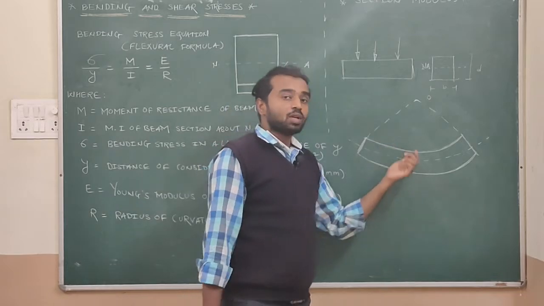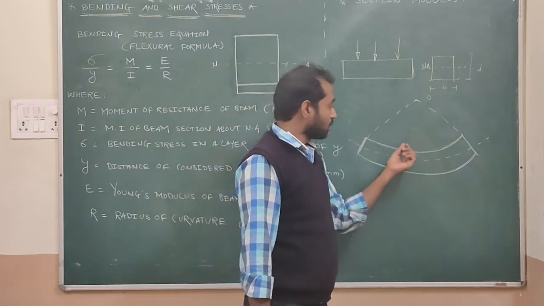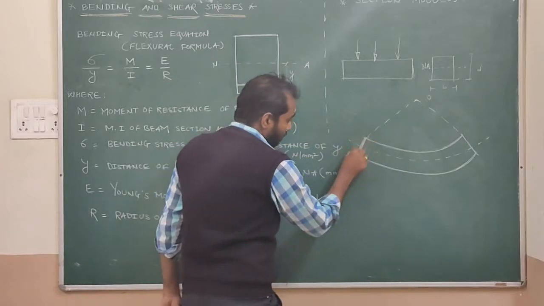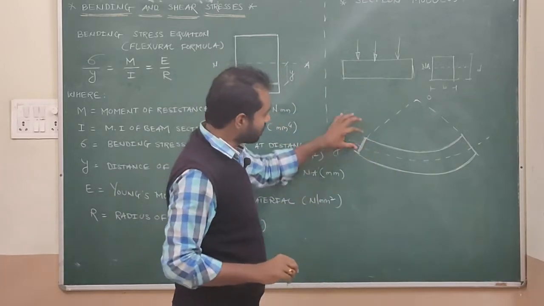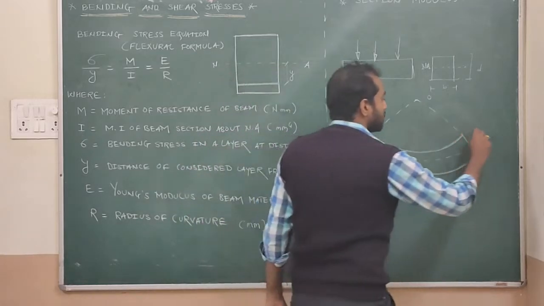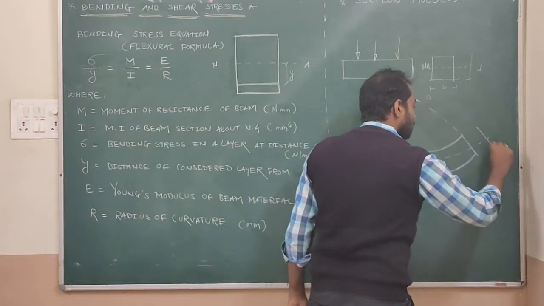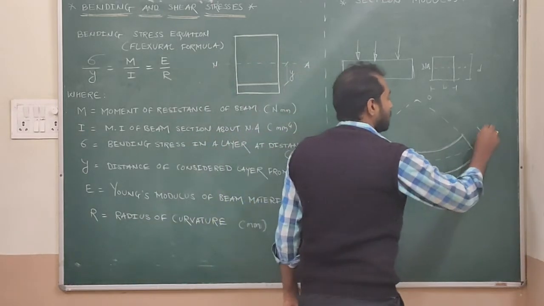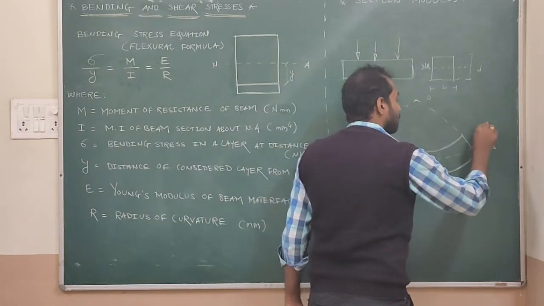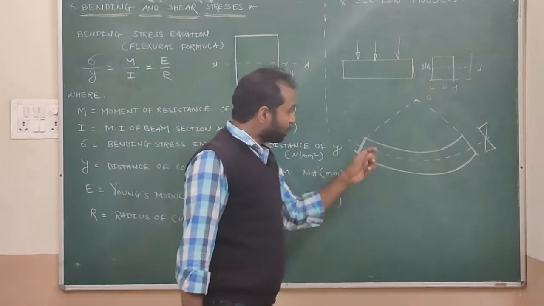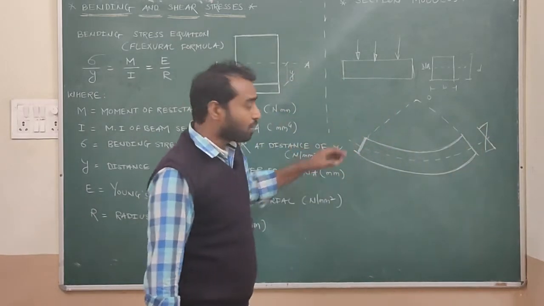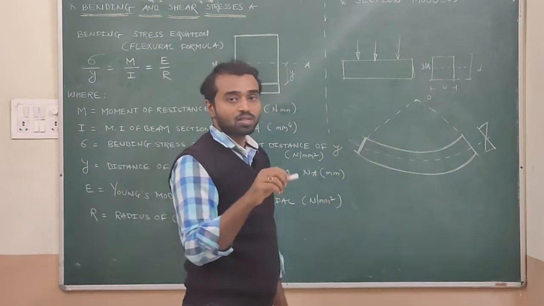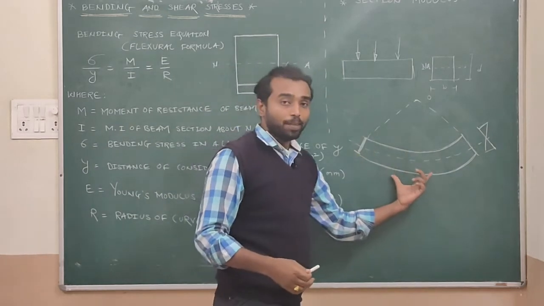The stresses are produced at the top of the beam, at the bottom of the beam, or from top to bottom complete. If I draw the stress distribution diagram, then it will be like this. In the whole member, from this end to this end, there will be stresses produced because of this bending.